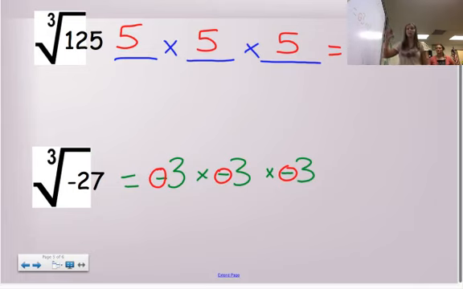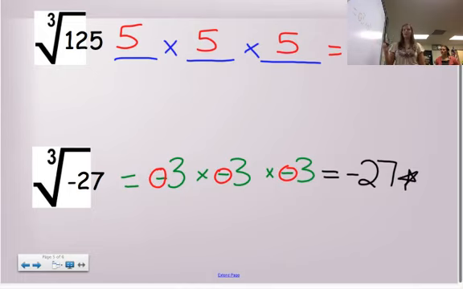So negative 3 times negative 3 times negative 3 equals negative 27. So that is an important fact. You might want to put a star next to this one. You can take the cube root of a negative number, unlike the square root of a negative number. So this, once again, we are happy with the right answer. Awesome.